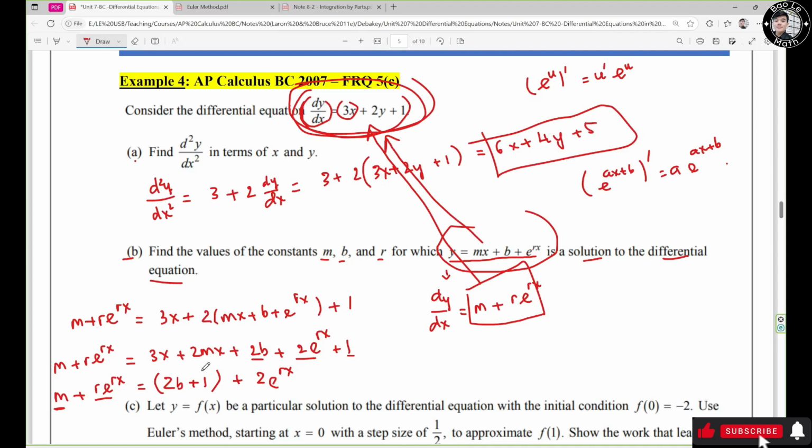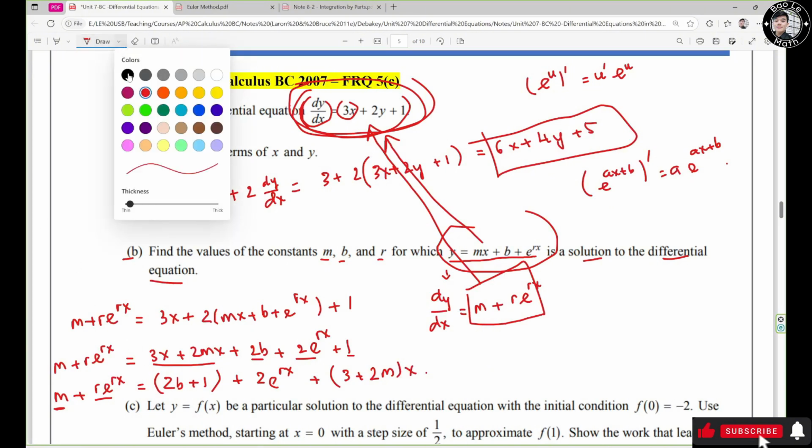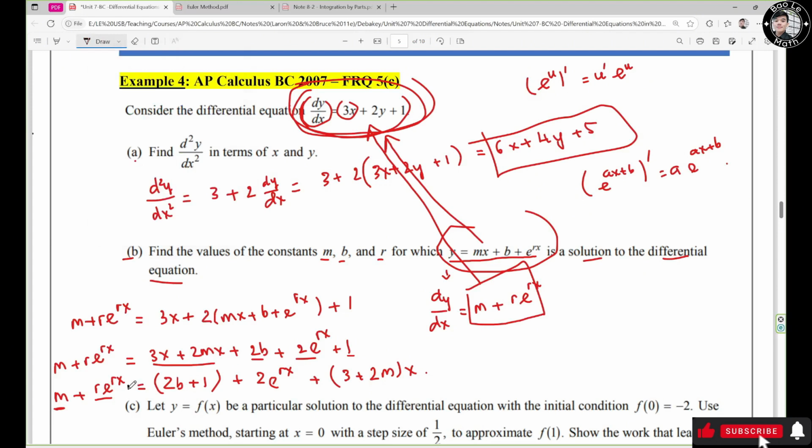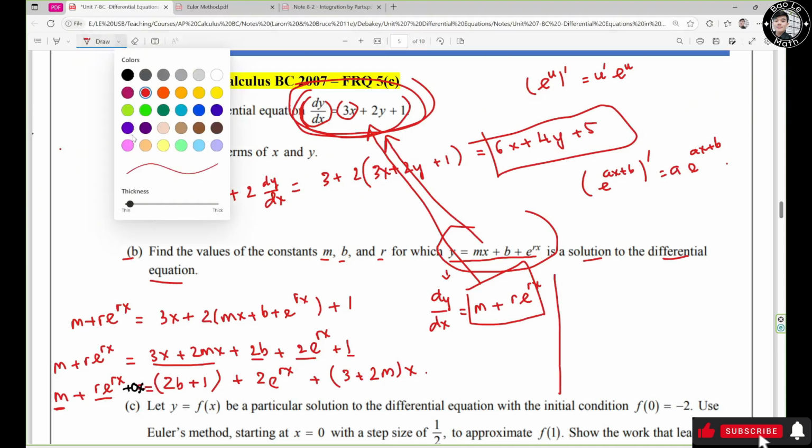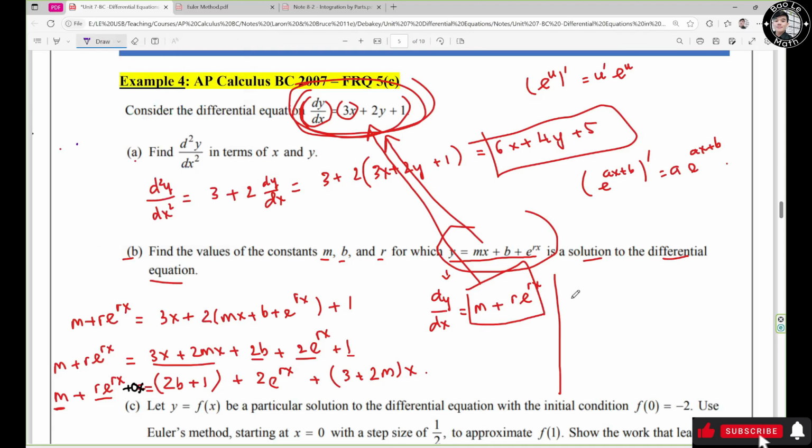The last one, I need to factor s out, so it will be 3 plus 2m times s. Now look at the left side, I don't have s, so I put plus 0 times s. So I just equate the coefficients on both sides to get a system of equations.